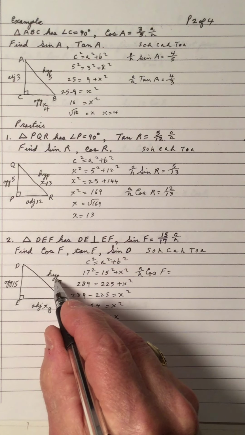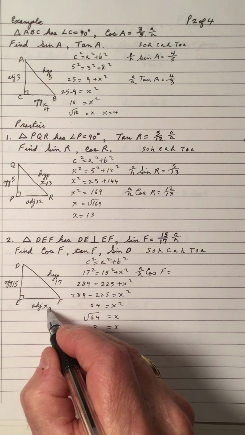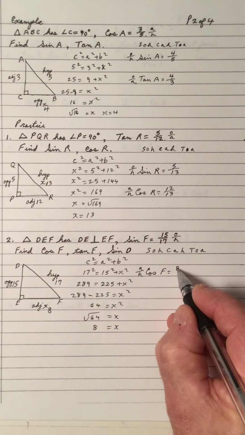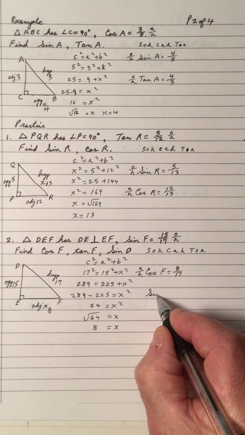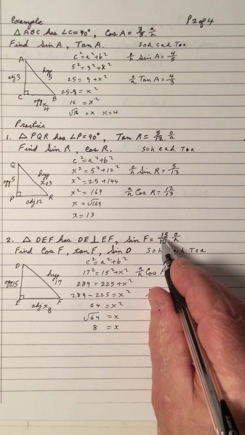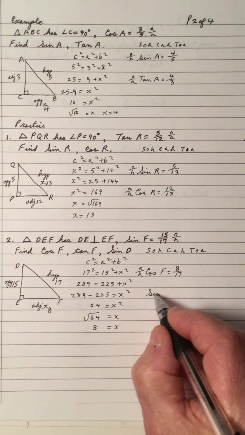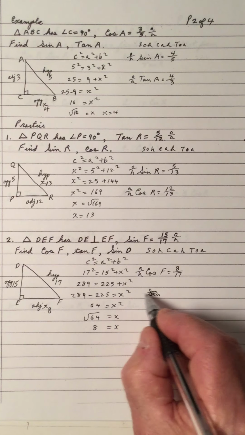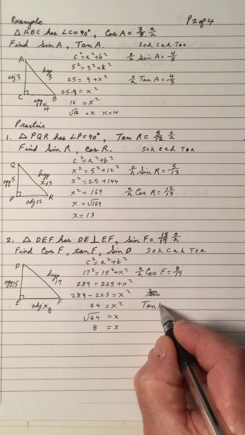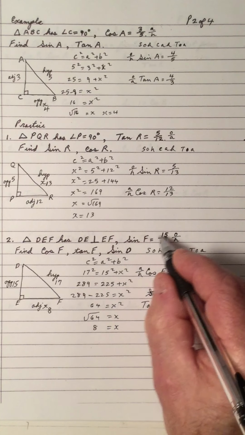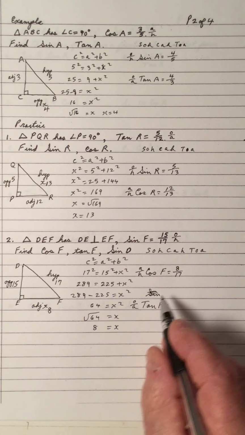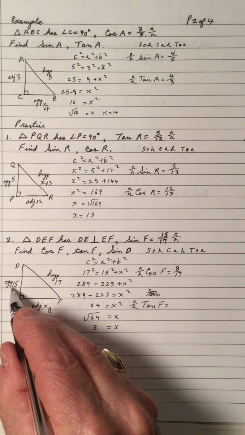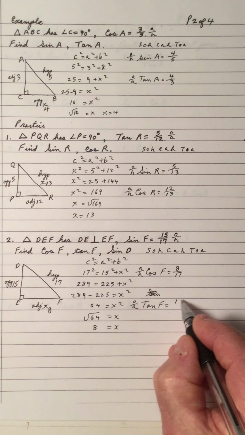So in terms of F, the adjacent is 8. The hypotenuse is 17. Okay, sorry. Let's do the tan of F. The tan is opposite over adjacent. So for F, opposite is 15, adjacent is 8.